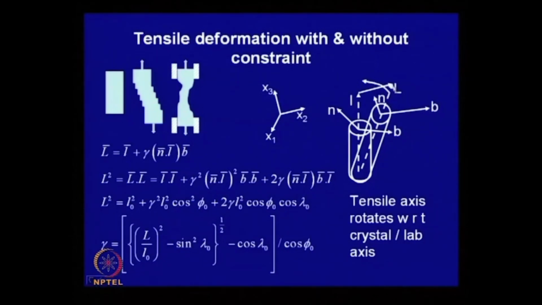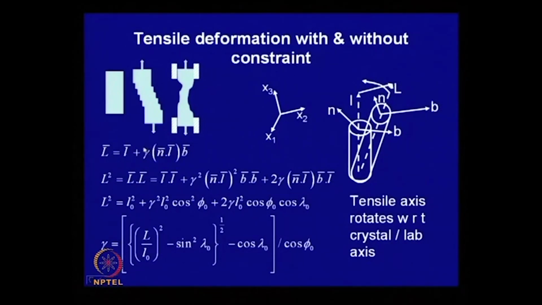So, now let us try and find out, if there is a small amount of slip, what is the relationship between the original length l and the final length capital L, which is shown vectorially here. So, basically the final length is equal to the original length plus that amount of slip. How do you find out the amount of slip?